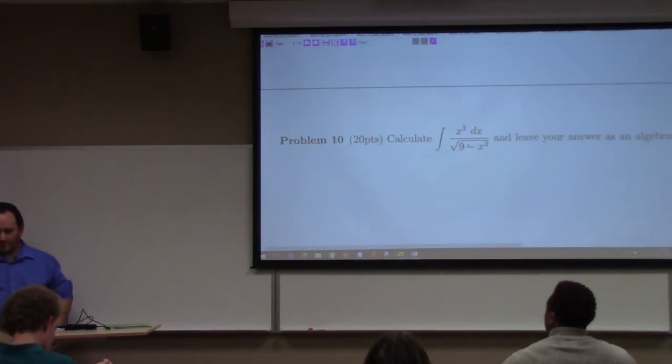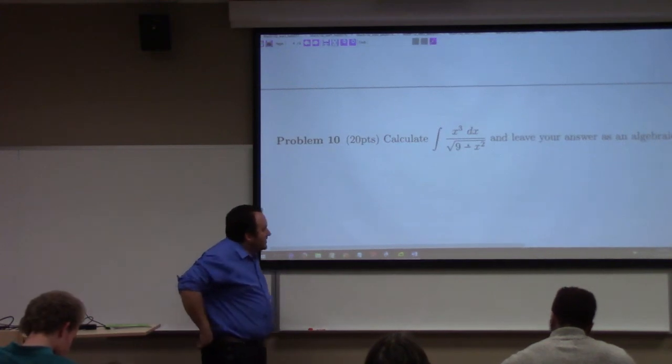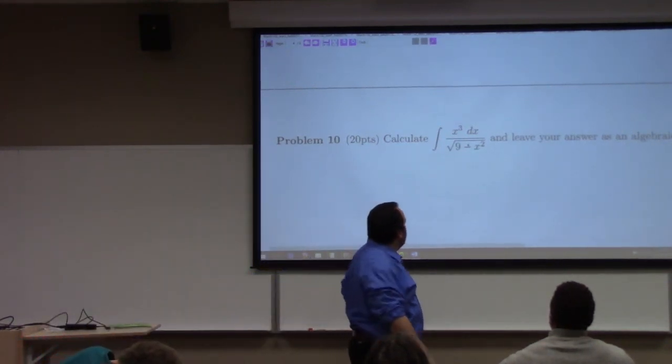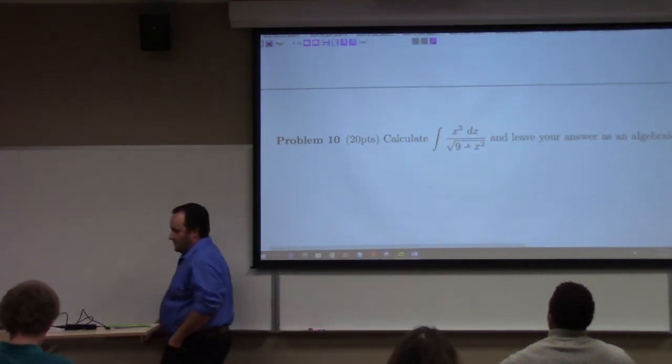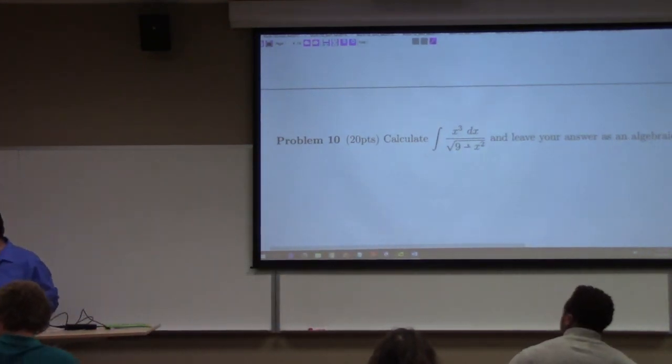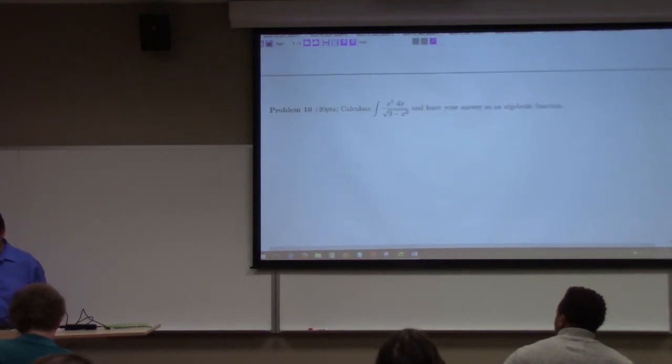It's trigonometric substitution, right? So we got the integral of x cubed dx divided by the square root of 9 minus x squared, and x could be 3 sine theta. Right, so let's work it out.